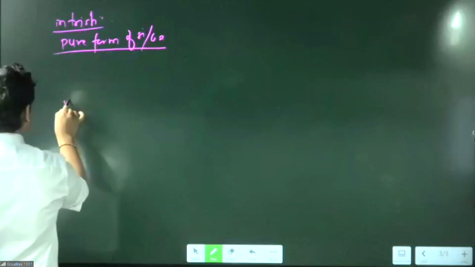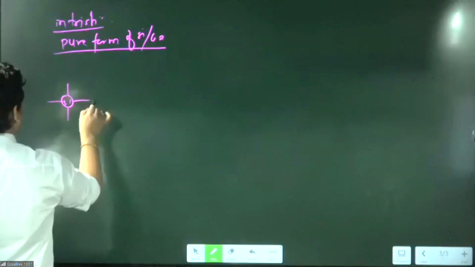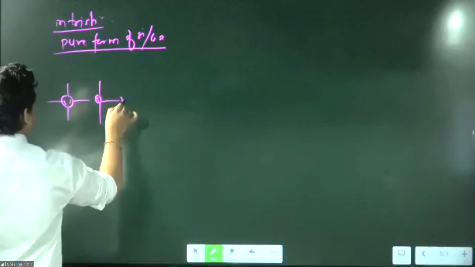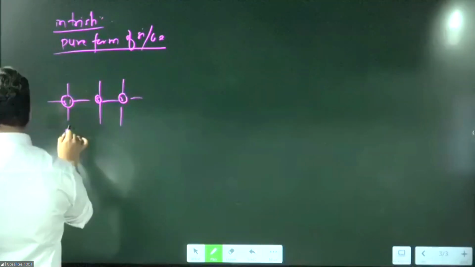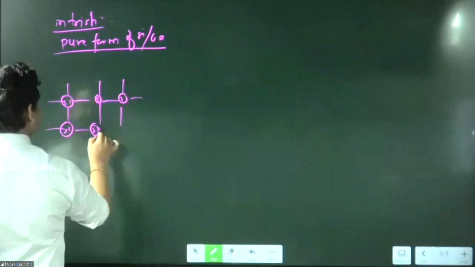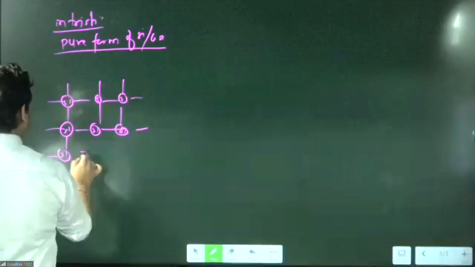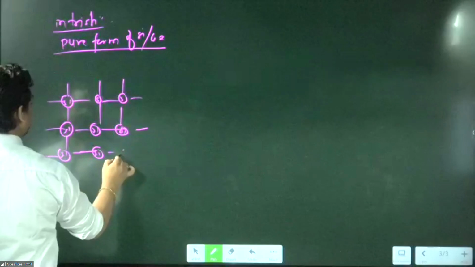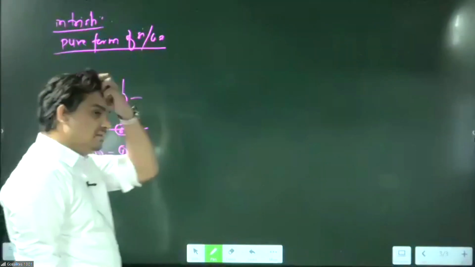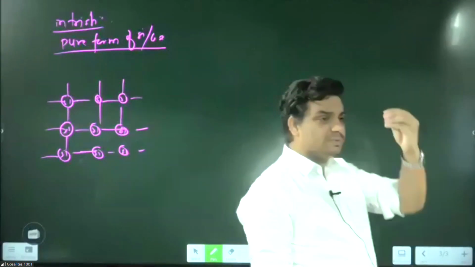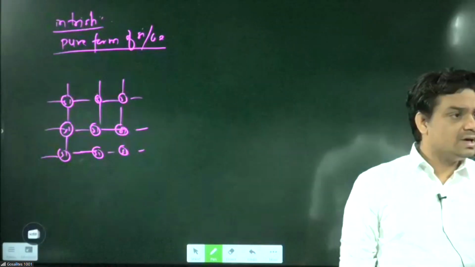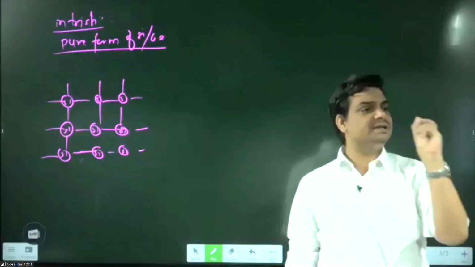Because here silicon is making 4 bonds. At 0 Kelvin, will there be any energy to break the bond?